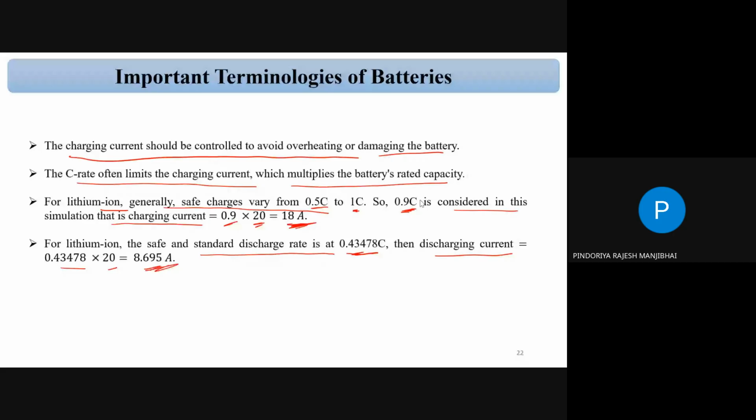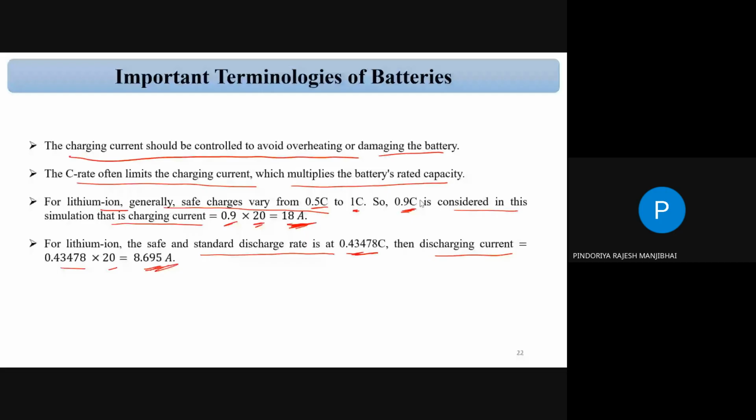It is based on R&D work, and it also differs a lot from company to company. Suppose I am a battery manufacturer and my industry has an R&D department. They make one cell, charge it for a particular time period, then discharge that cell and note down the time period, and then they decide the C rate.